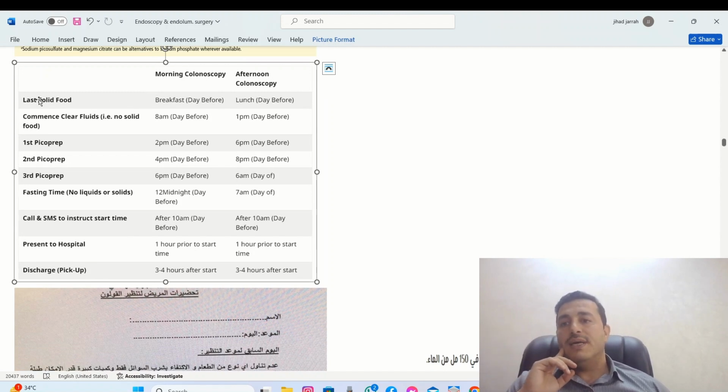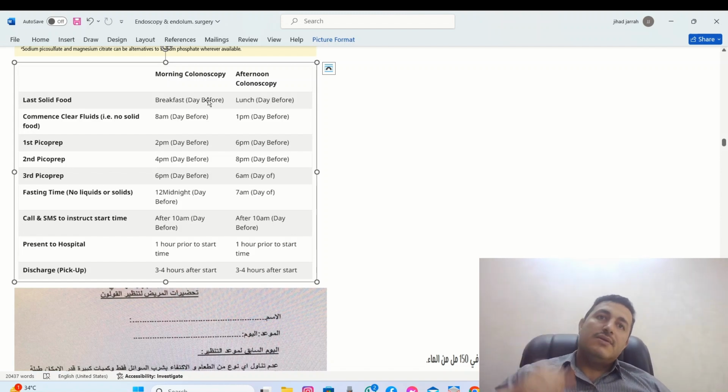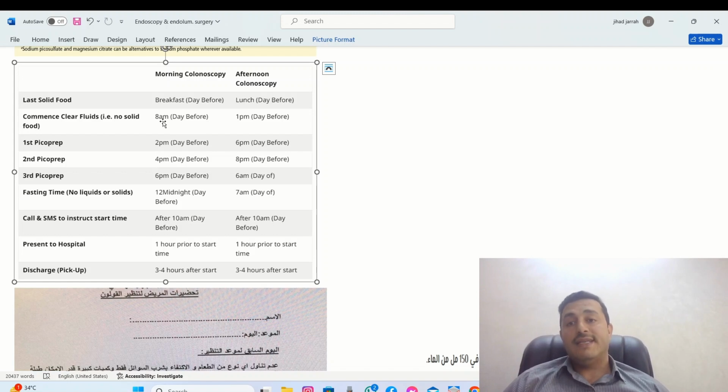The last solid food should be breakfast the day before, and then he should start clear fluid, no solid food, from 8 a.m. the day before the colonoscopy.